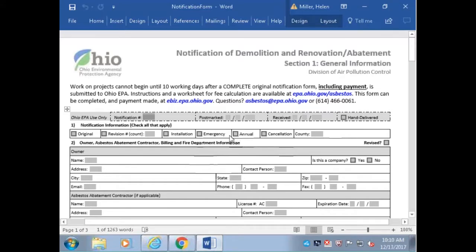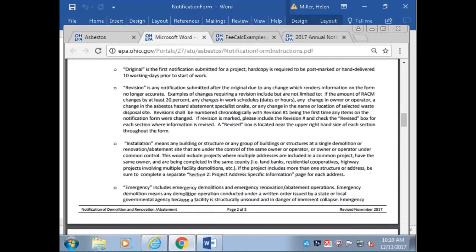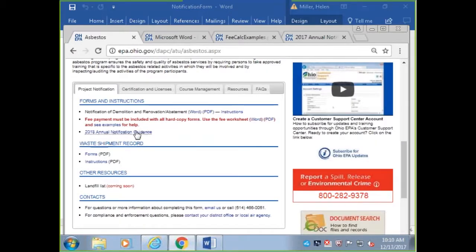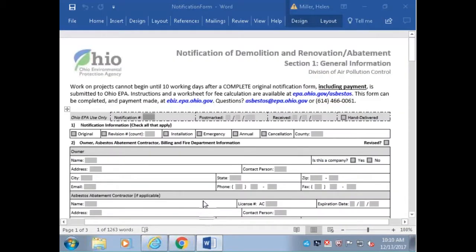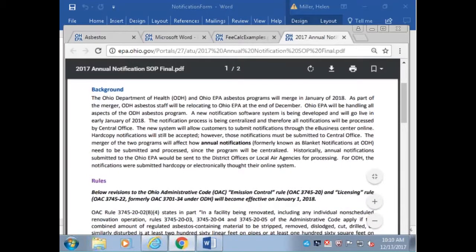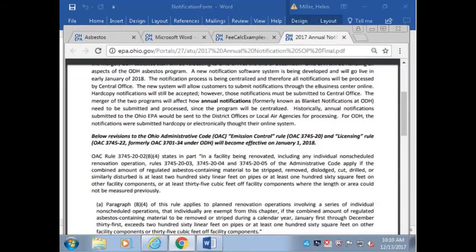As a result, yesterday when we updated the website, that annual guidance is out there on the main asbestos website. You can pull up this notification guidance. It's a 2-page document that goes over annual notifications.